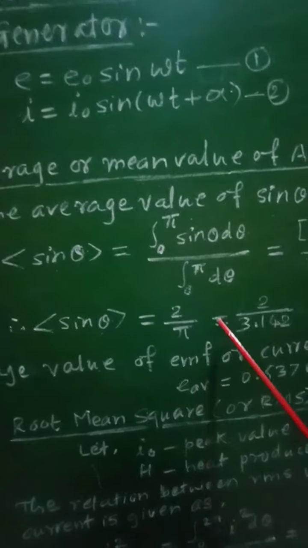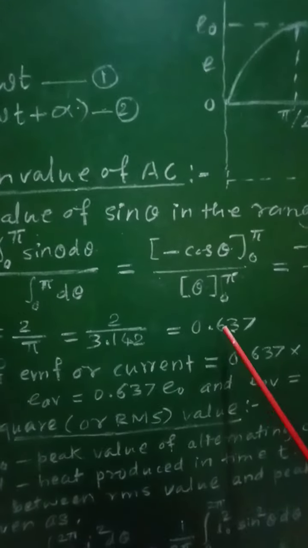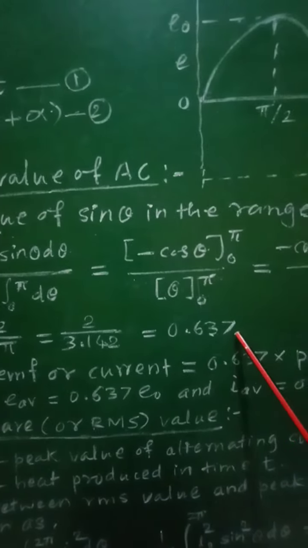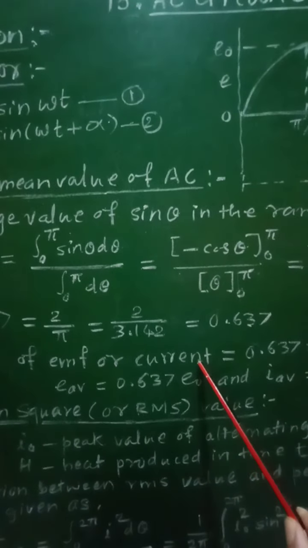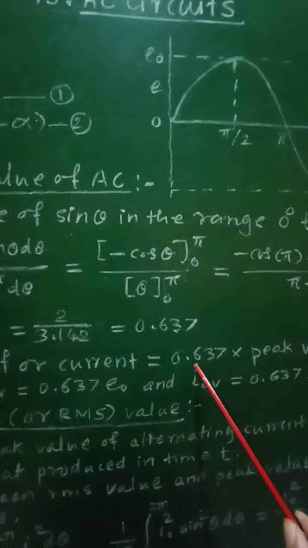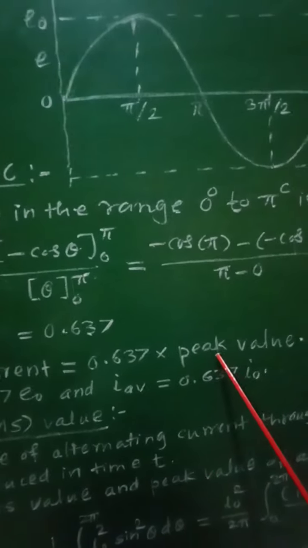Putting the value of pi, we will get 2 upon 3.142, that will be equal to 0.637. Therefore, the average value of EMF or current, for both EMF as well as current, will be given by the formula 0.637 into peak value.